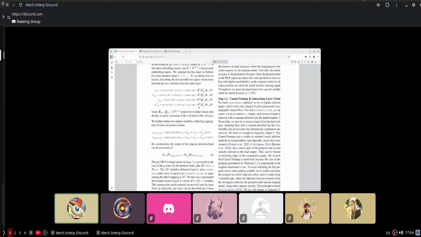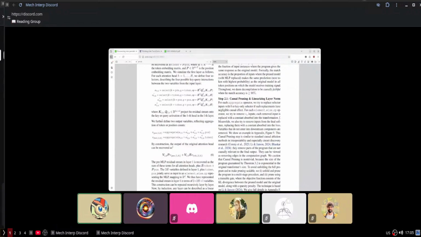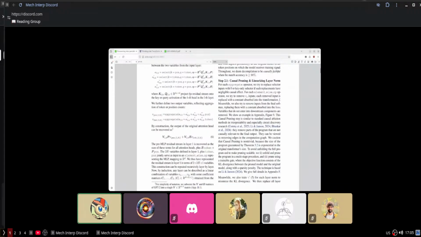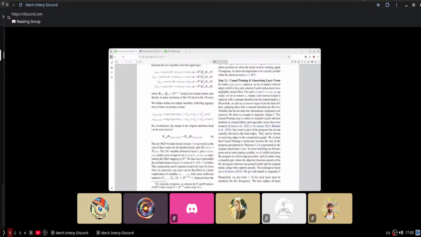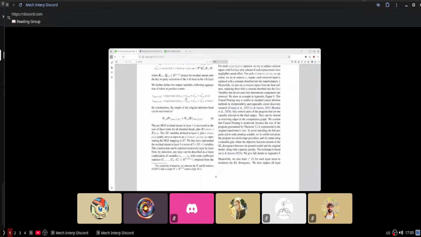You could put it all together as the positional plus the token to the positional plus the token, which is just the normal attention. And this is a way of decomposing it into multiple things. Yeah, makes sense.